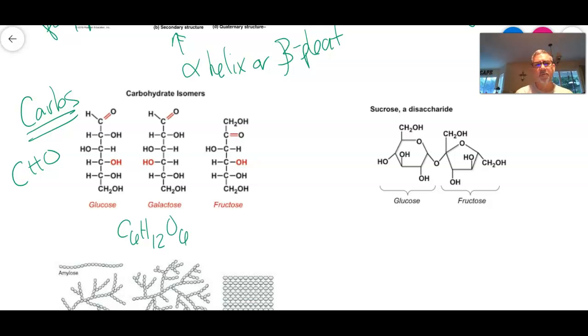So we can further say that our structure is CH2O and n is the multiple. Okay, so this is a multiple of 6. Remember the bond between them. It's another condensation reaction, right? It's a glycosidic bond. The protein was called a peptide bond.